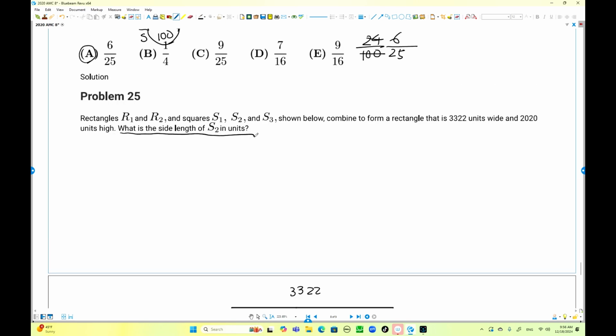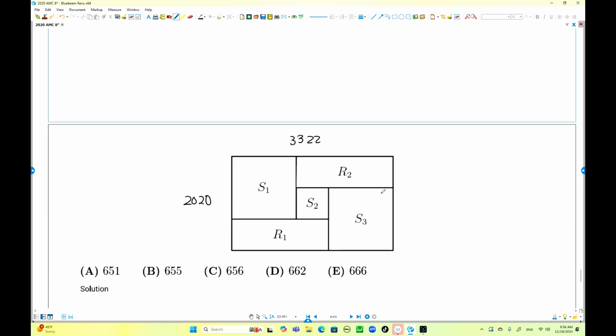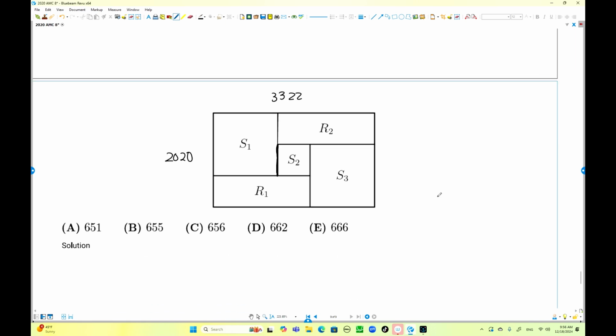What is the length of the side of S2? The length of this side of the square, right? It's a square, so the lengths are equal. So we're going to find this. Let this be A, this B, and this C. Using this, how can you find equations relating these numbers?